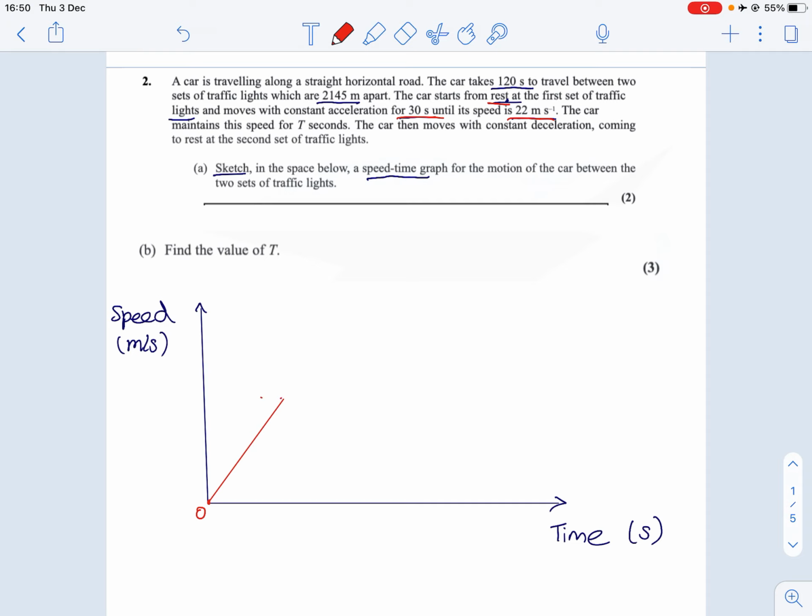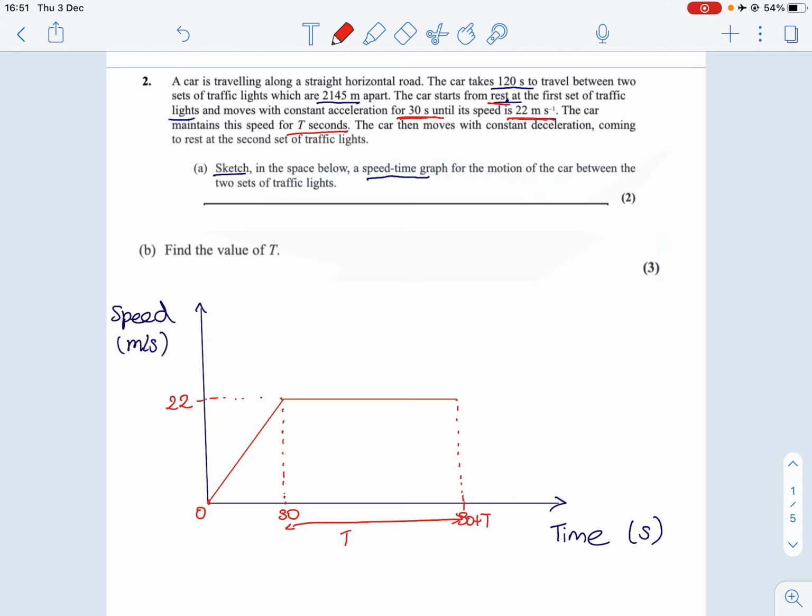So we know at here it's going to be reaching 22 meters per second, so 22. And we know the time here is 30 seconds. Then the car maintains this speed for t seconds. So at here, this distance is t. So when it arrives here, it'll be 30 plus t.